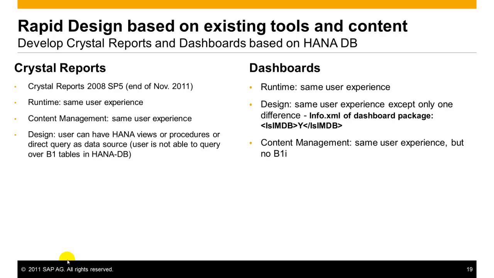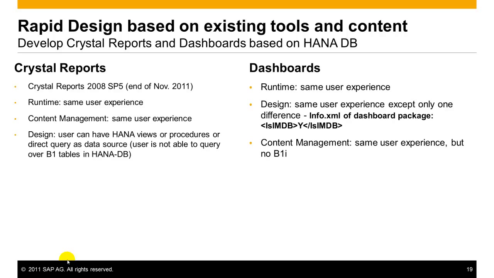Why? Well, we're using the same version of Crystal Reports 2008 SP5. The runtime that we use for Crystal Reports provides exactly the same user experience. The content management process inside SAP Business One of managing your reports, allocating reports to users, allocating reports to the different forms and so on, all of that stays exactly the same.